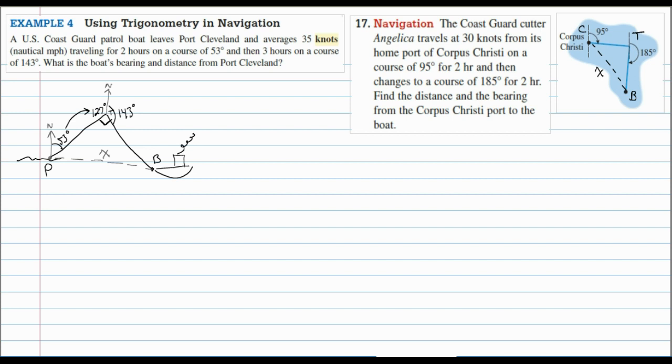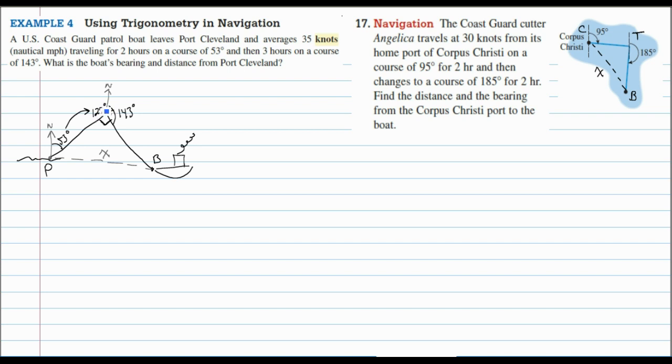Back to our problem. What I've done here is I've drawn this course. First the boat goes 53 degrees and then turns to a 143-degree course. Opposite internal angles of two parallel lines, which would be the northbound line that I drew, are supplementary.